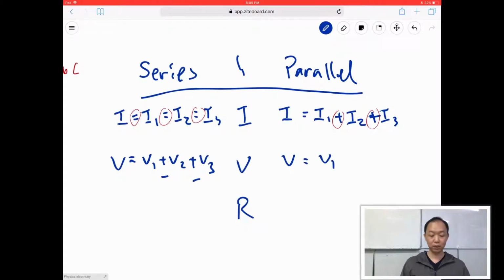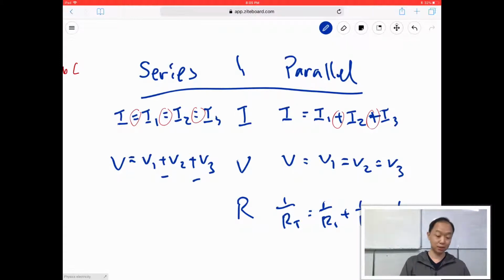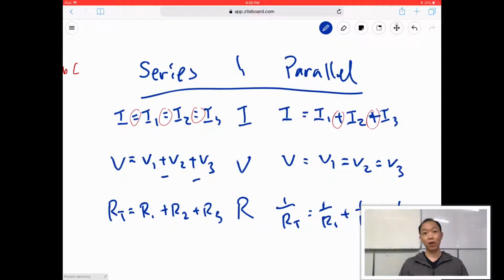So V equals V1 equals V2 equals V3. So far is it okay? And then for resistance, for parallel, 1 over RT equals 1 over R1 plus 1 over R2 plus 1 over R3. And for the other side, the series, RT equals R1 plus R2 plus R3. Okay, so there you go.